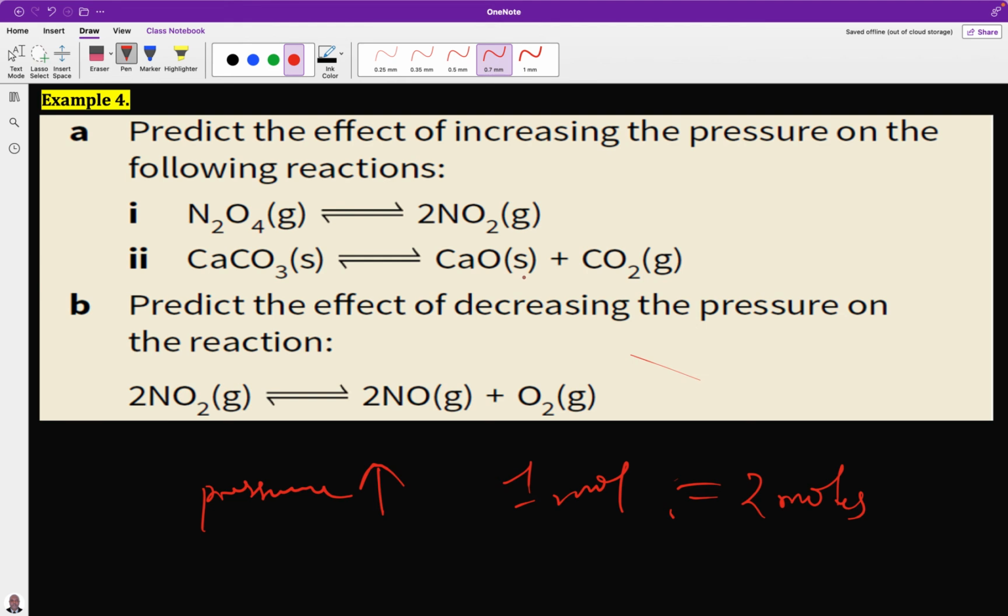So calcium carbonate and calcium oxide are of no use. Increasing the pressure will only favor the production of more carbon dioxide.